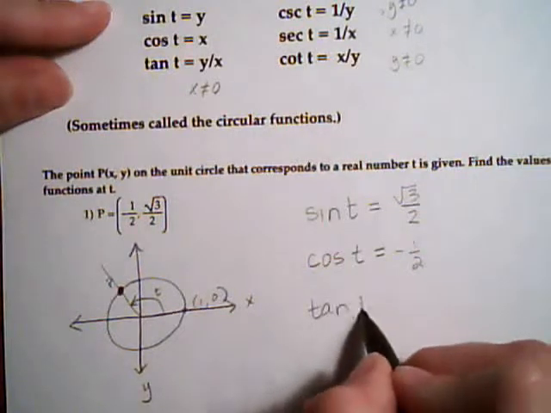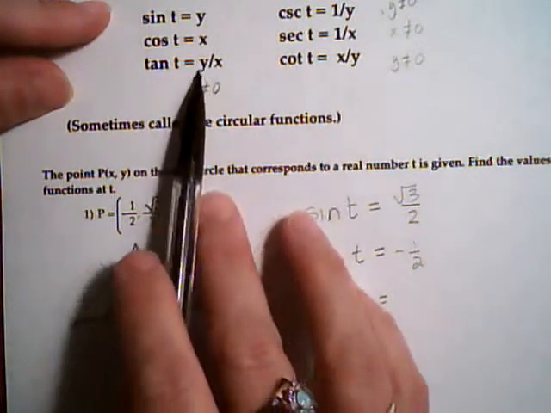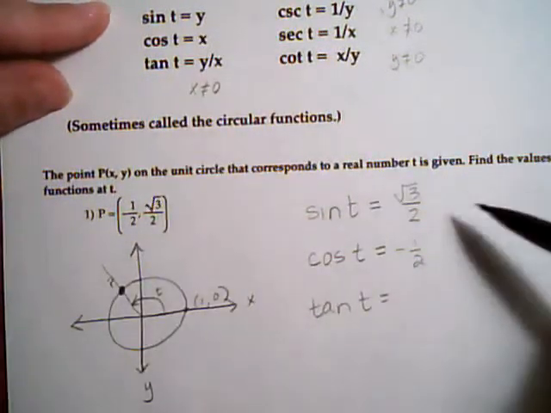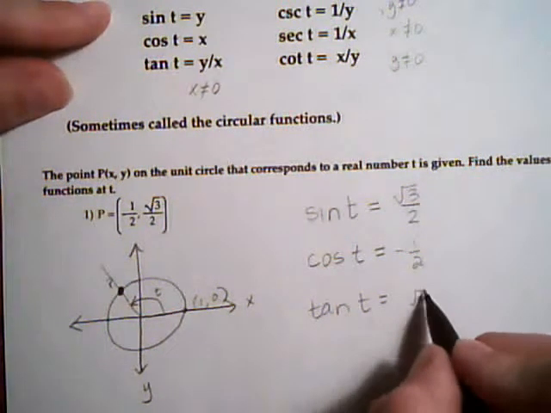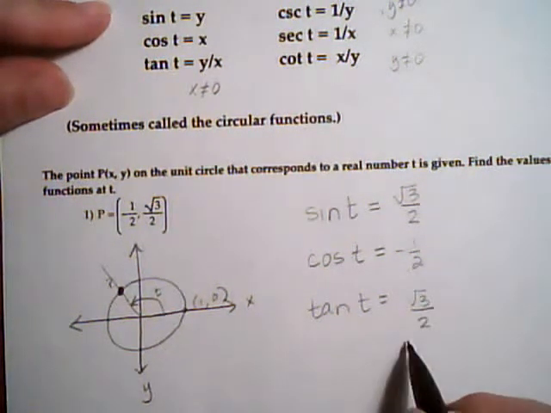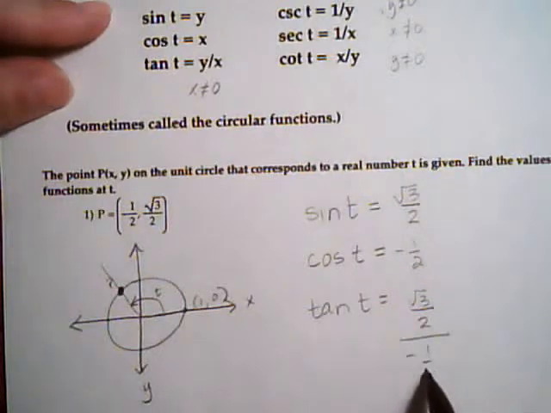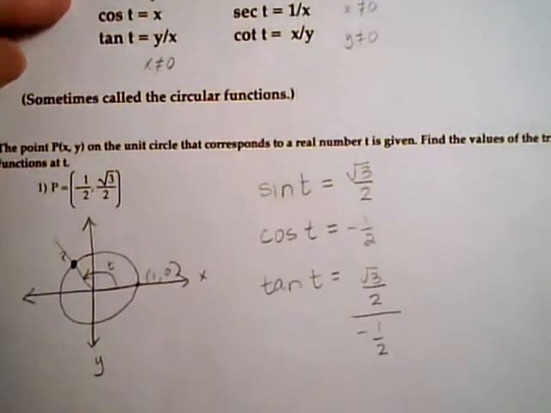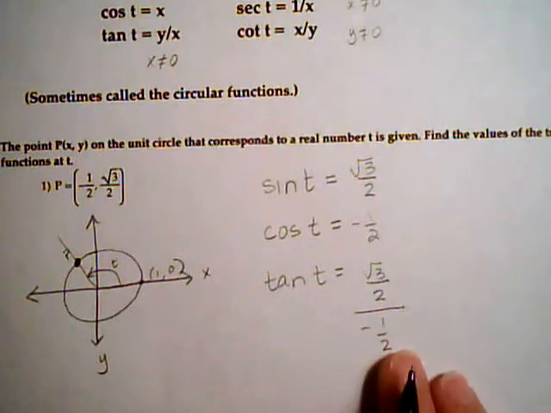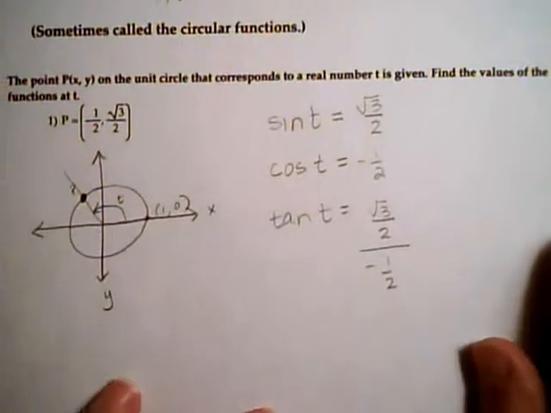And then the tangent of t, y over x. So I have y, which is the square root of 3 over 2, and that's over -1/2. Okay, when we have a complex fraction like this, you could look at this as being division.